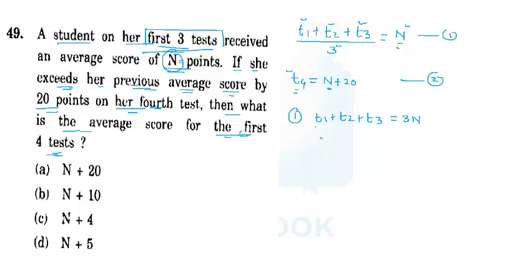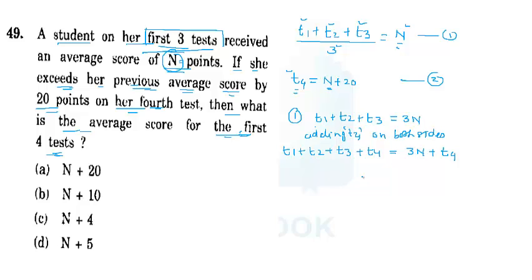Now what we need to calculate is T1 plus T2 plus T3 plus T4. This is the total of the 4 tests. So we will add T4 on the other side as well of equation 1, adding T4 on both sides.